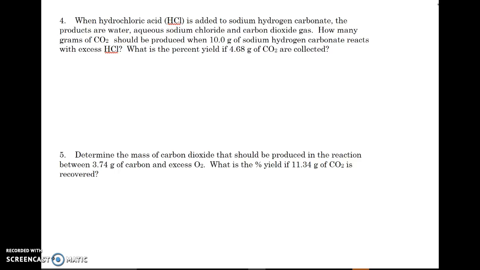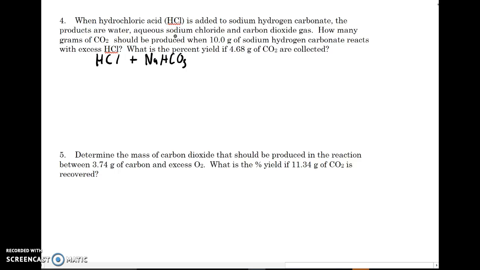When hydrochloric acid is added to sodium hydrogen carbonate, the product is water, aqueous sodium chloride, and carbon dioxide gas. Let's go ahead and make our balanced chemical equation. So I'll start with hydrochloric acid, which is HCl, plus sodium hydrogen carbonate. Sodium has a positive 1 charge. Hydrogen carbonate, also known as bicarbonate, is HCO3, with a negative 1 charge.